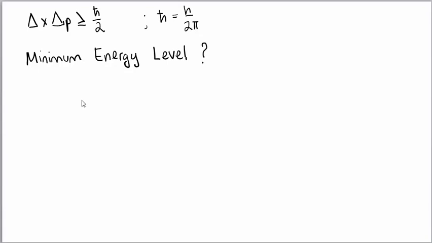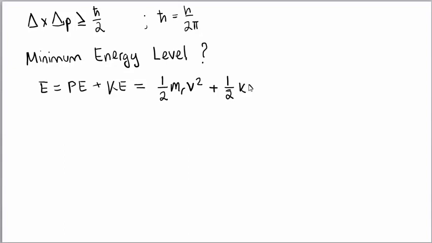Well, how do we find that? Let's look at the equation for energy. Energy is going to be potential energy plus kinetic energy. Okay, so we know that kinetic energy is 1/2 the reduced mass, remember the reduced mass concept, times the velocity squared, and the potential energy is 1/2 the spring constant k times x squared.